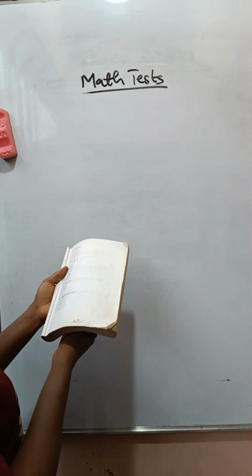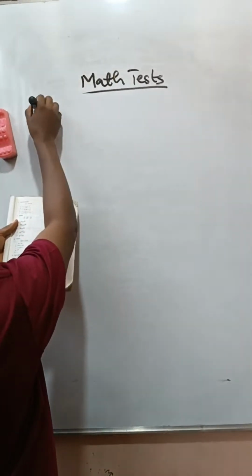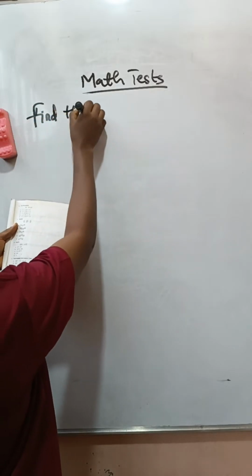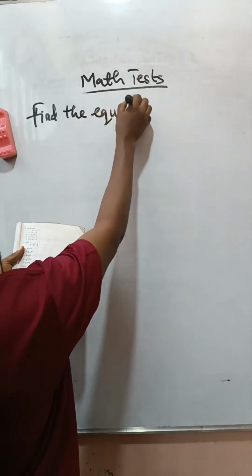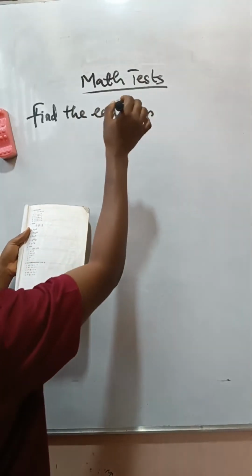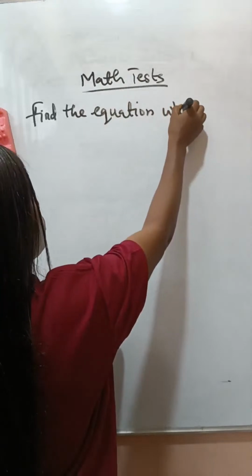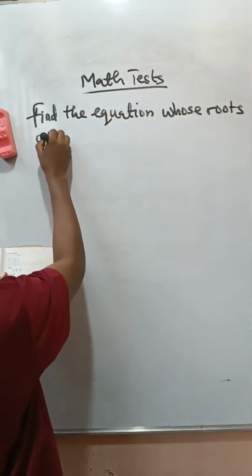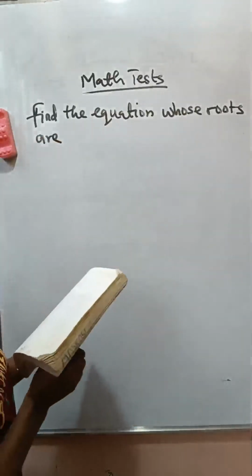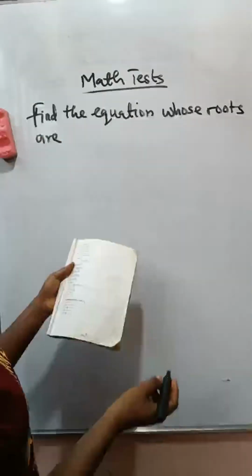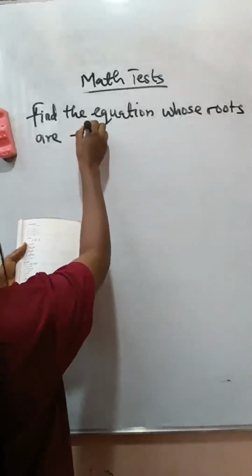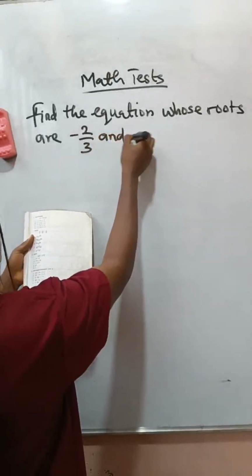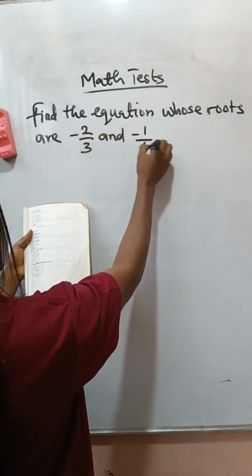Okay. So this one says, find the equation whose roots are minus 2 over 3 and minus 1 over 4.